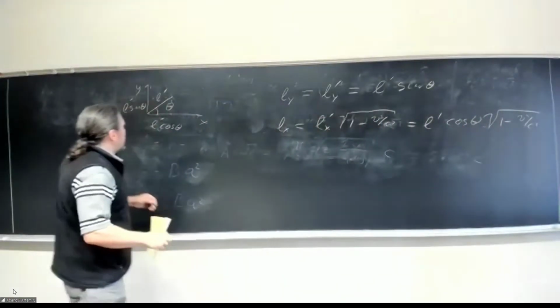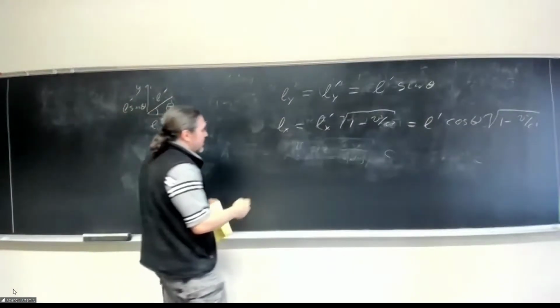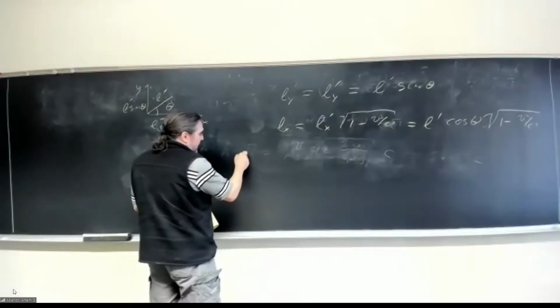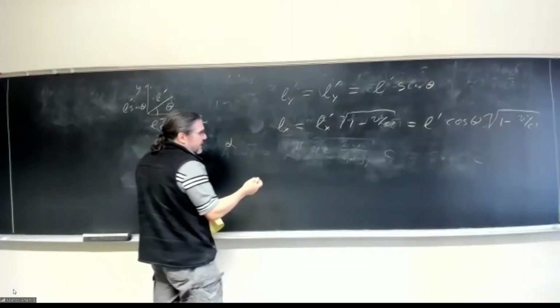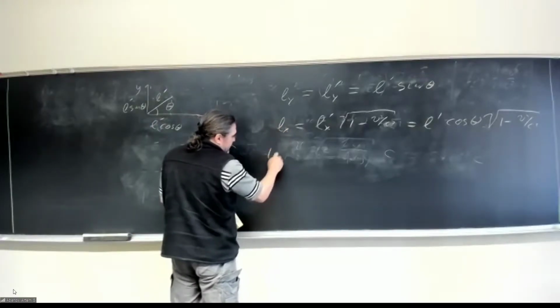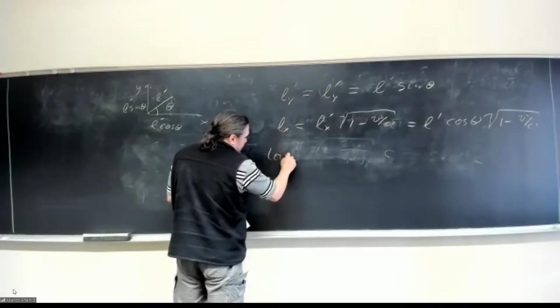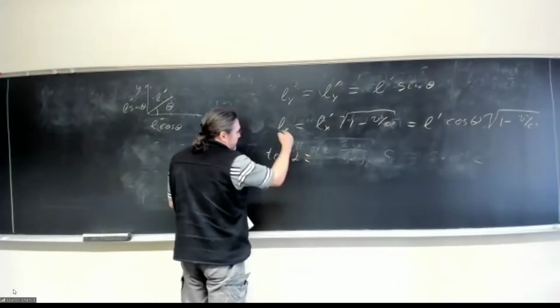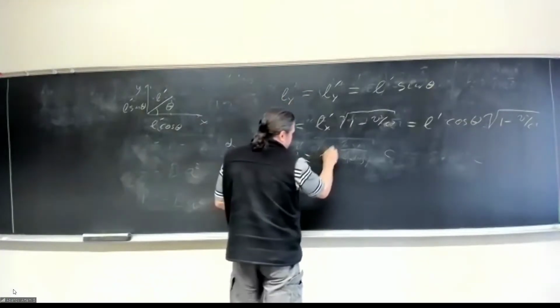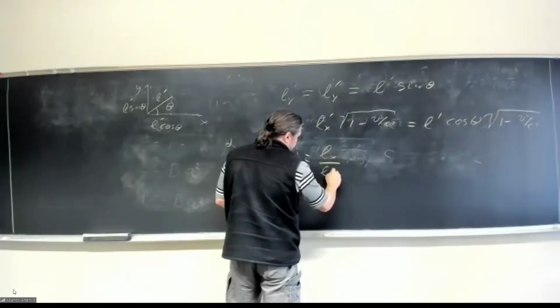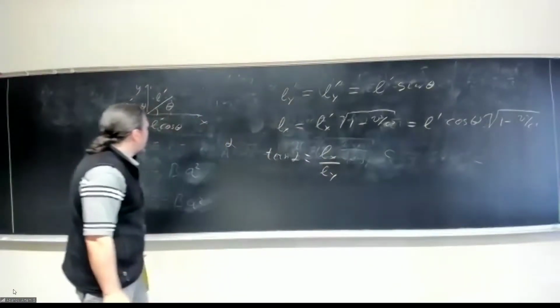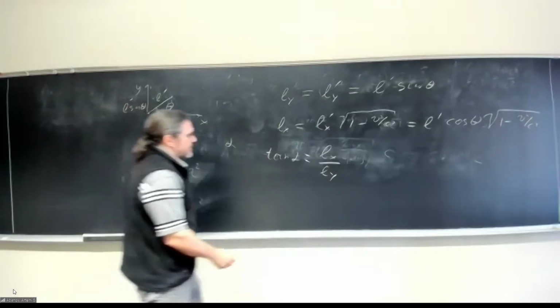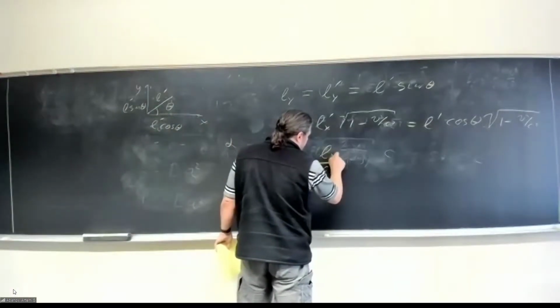Now, in my frame of reference, I observe angle alpha, and that angle alpha is such that the tangent of alpha must be equal to Lx divided by Ly. This is just the definition of tangent. No, the other way, sorry, Ly divided by Lx.